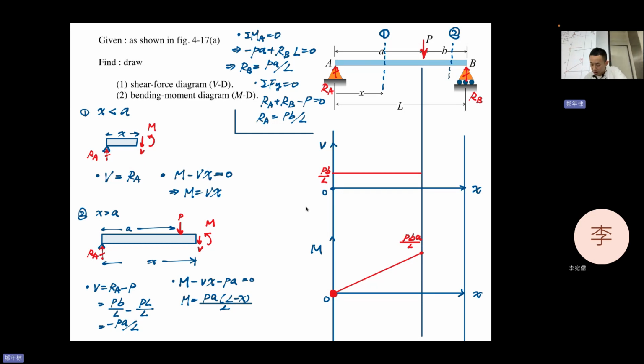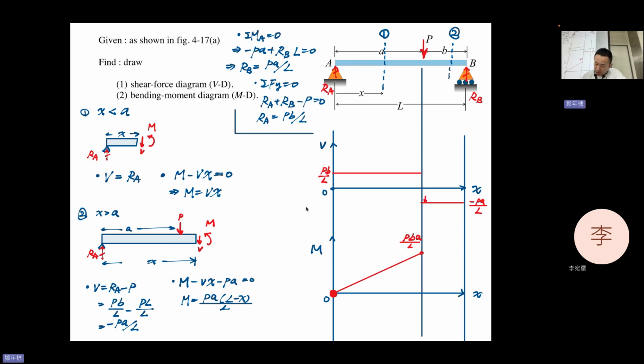So it's minus, and this will be minus PA divided by L. Okay, and did you notice that?